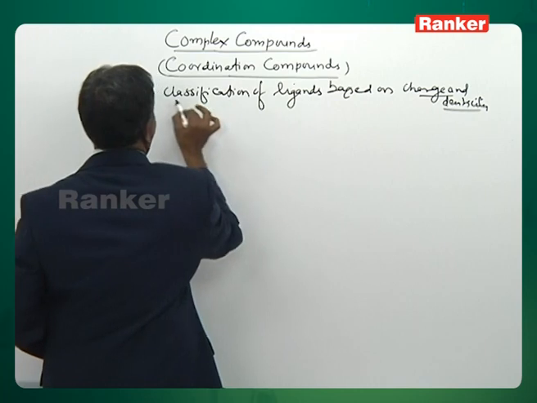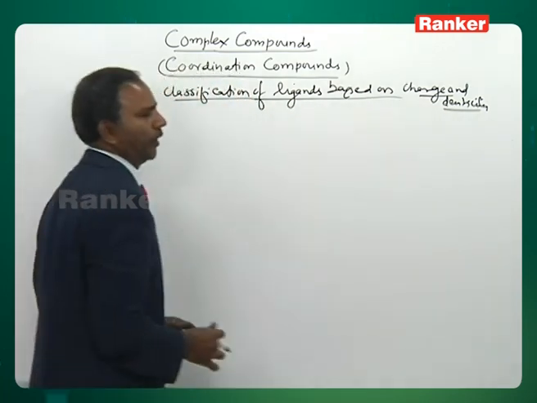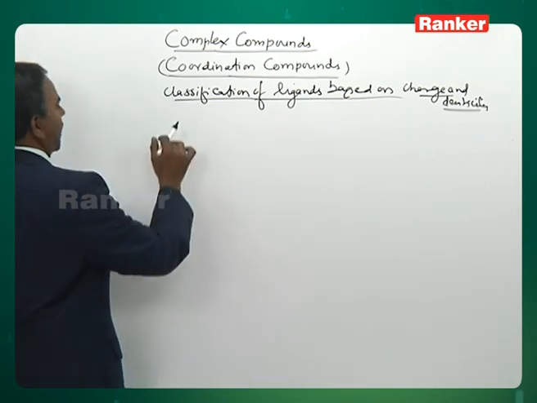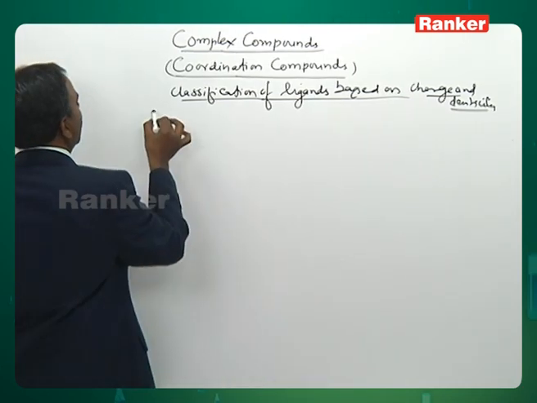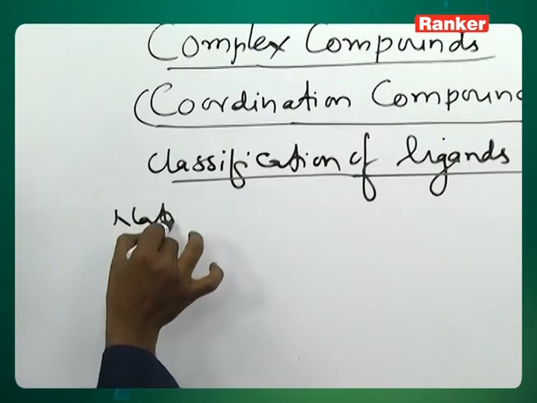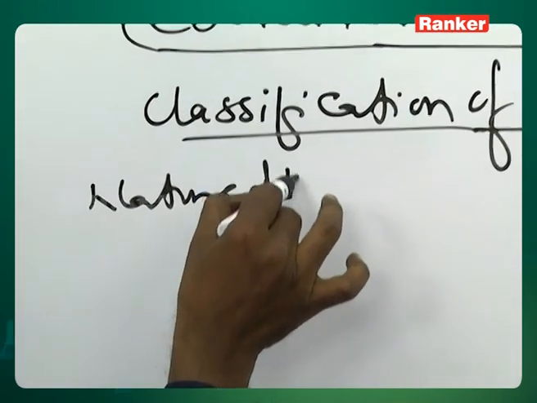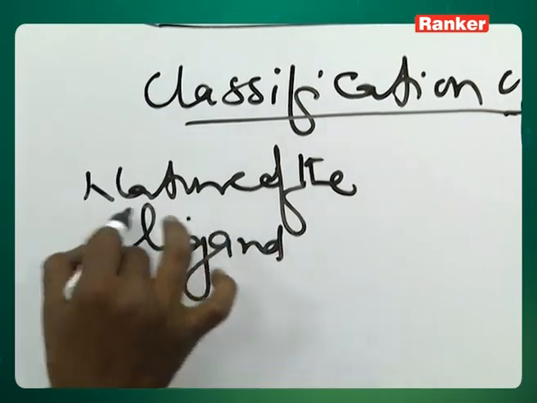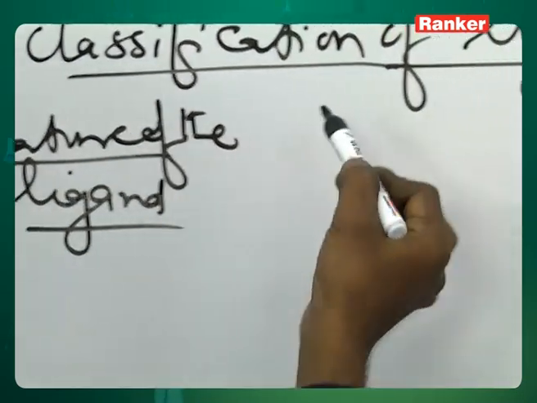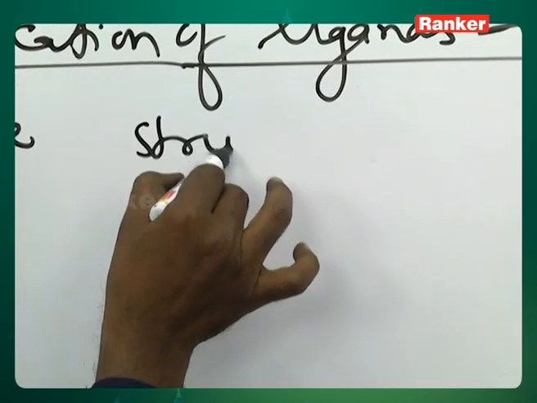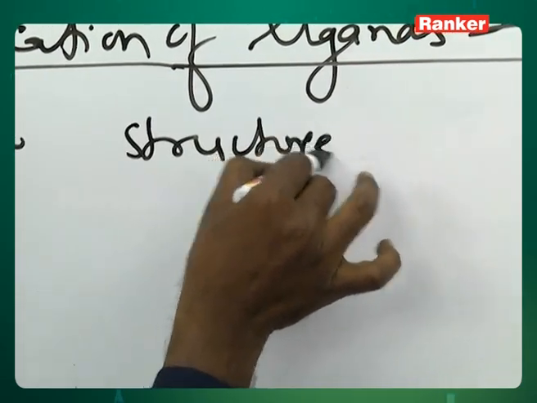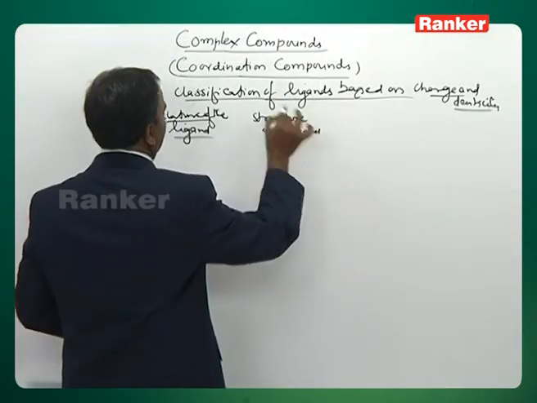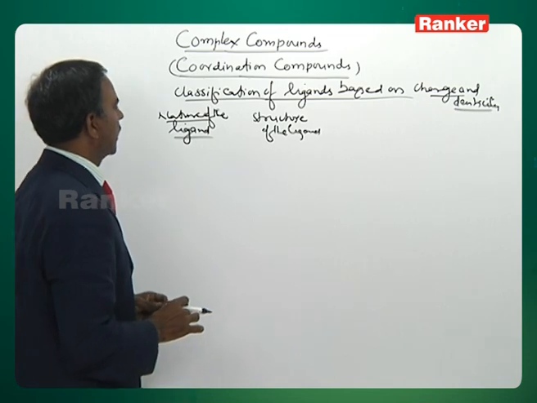Classification of ligands based on charge and density. Let me make a table. We classify different types of ligands based on this table. First, the nature of the ligand. Second, the structure of the ligand.